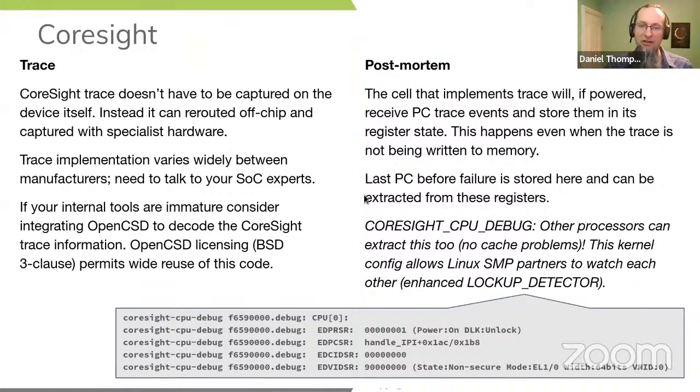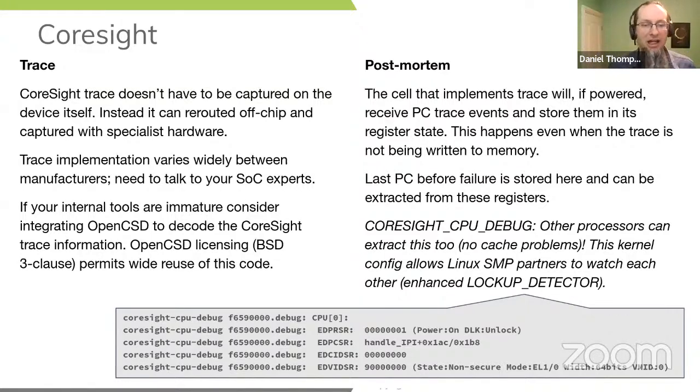More than that, there is actually a kernel config option, CoreSight CPU debug, which allows SMP partners to watch each other. So if you have a soft lockup or an RCU update stall, CoreSight CPU debug can observe that the other processor is suffering and tell you what the other processor's previous opcode was.